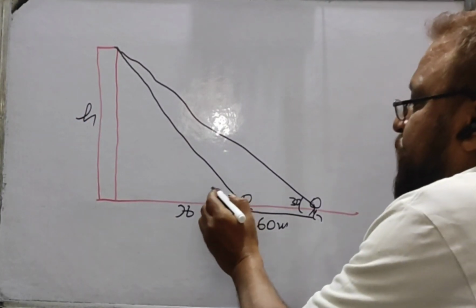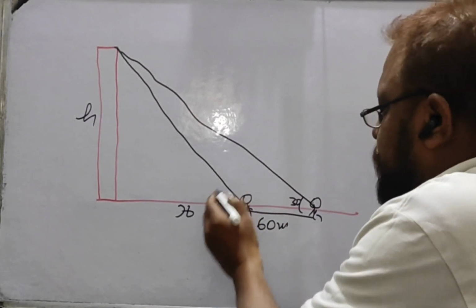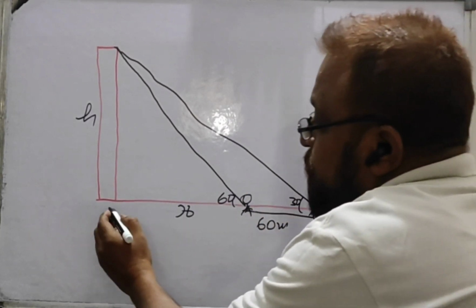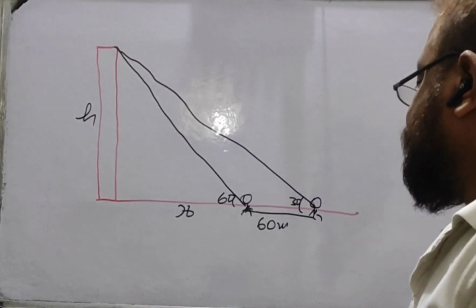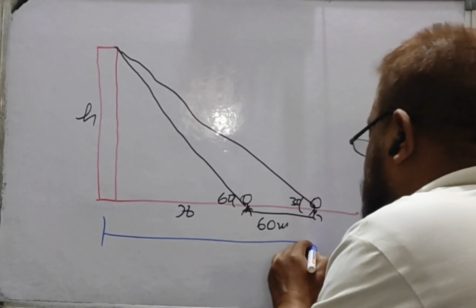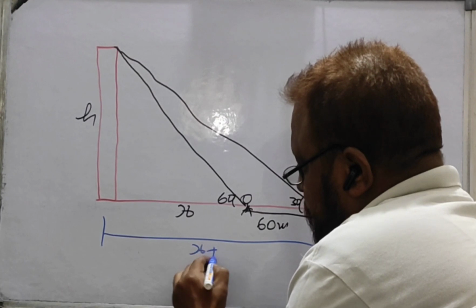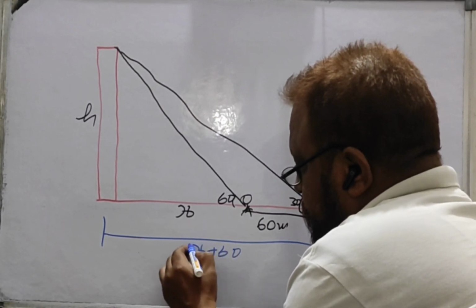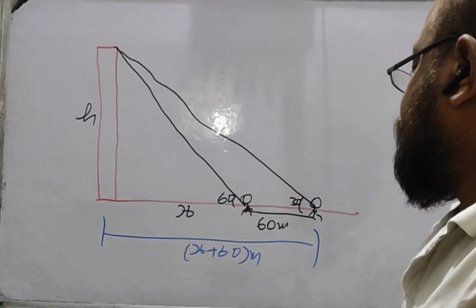So this is the angle of elevation. In this case, the total distance from here to here is x plus 60.